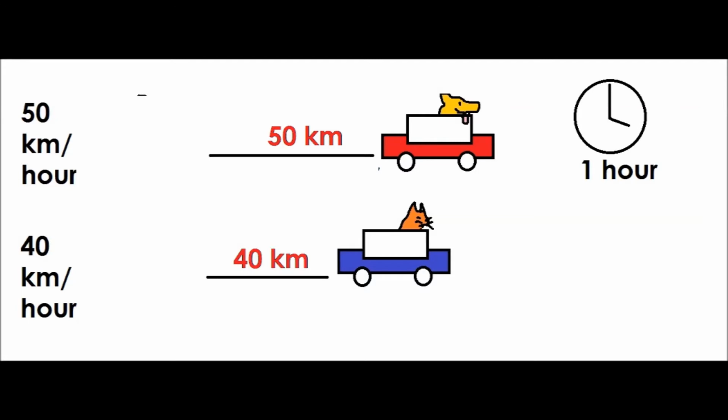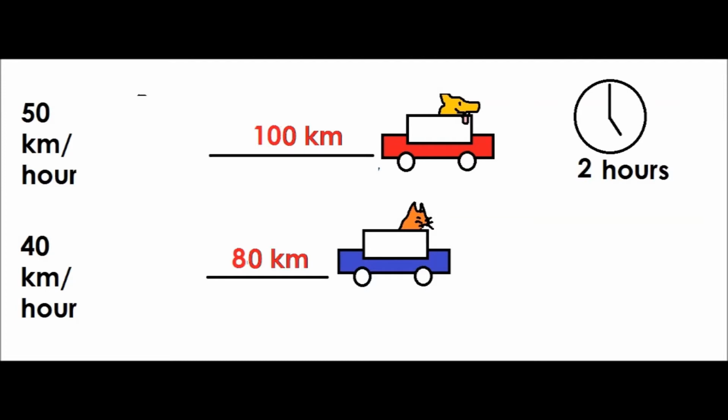So the speed means the distance traveled in an amount of time. 50 kilometers per hour means that in 1 hour, Moon Moon travels 50 kilometers, while 40 kilometers per hour means Cato travels 40 kilometers in 1 hour.